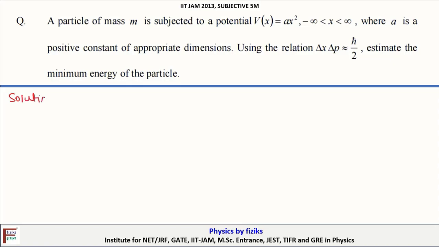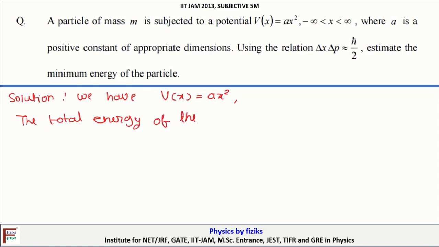So, solution. We have V(x) = ax². The total energy of the particle is E = p²/2m + V(x).